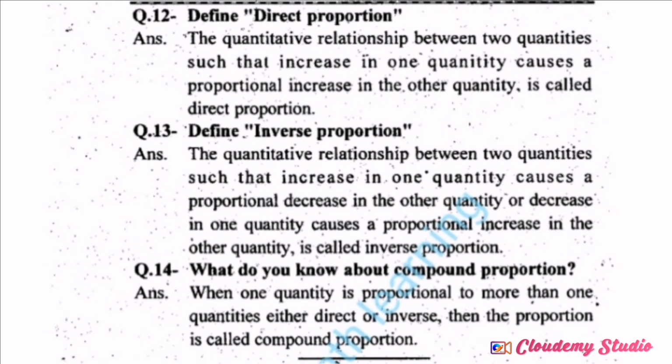Define direct proportion. The quantitative relationship between two quantities such that an increase in one quantity causes a proportional increase in the other quantity is called direct proportion.